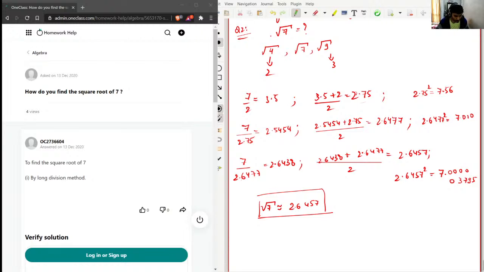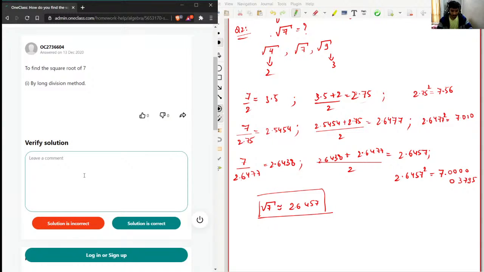And here the solution is not given, so I'll just write the answer here.